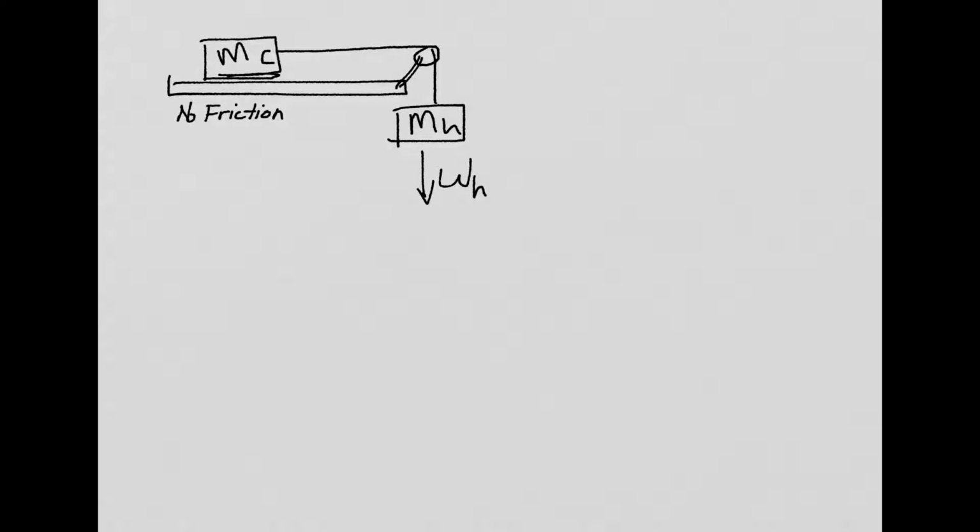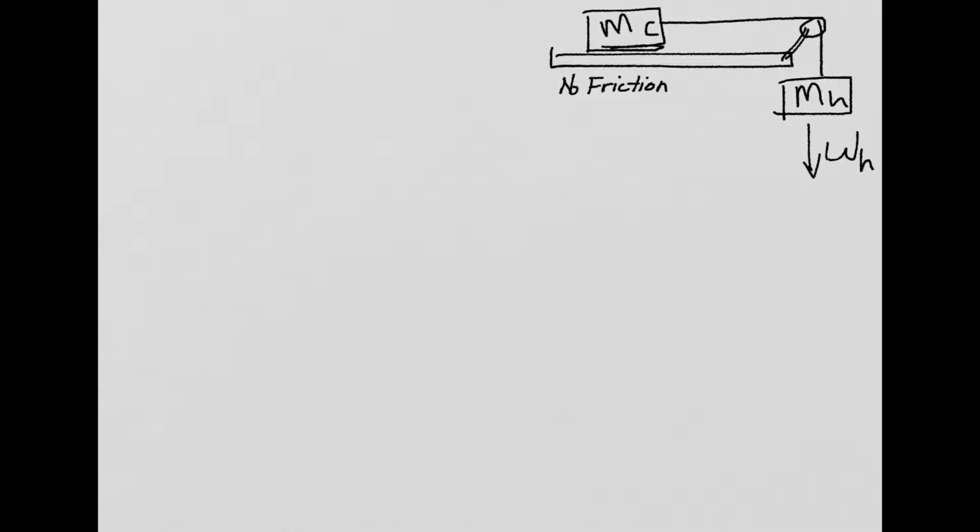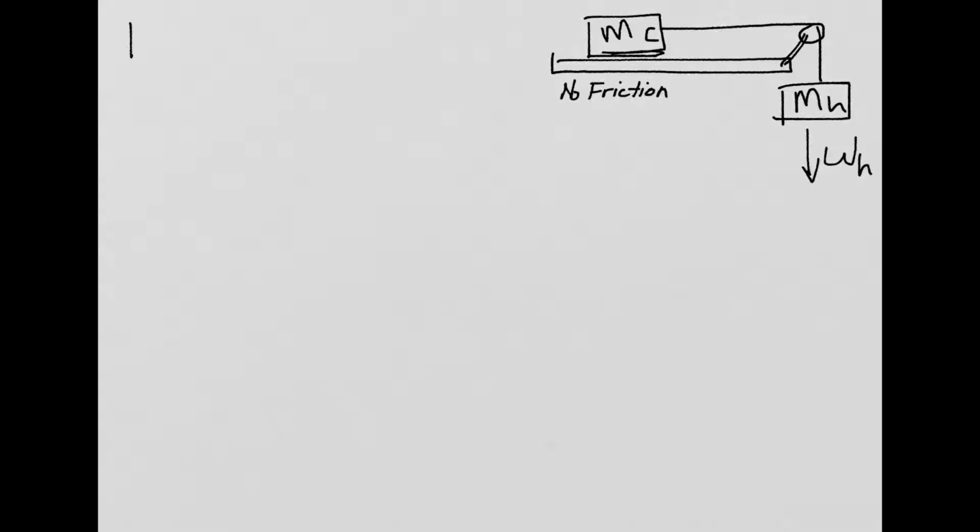The first vantage point is we'll call our system both the cart and the hanging mass. Okay, and so really, what is the force that acts on that system? Well, the force that's making this whole system go is just the weight of the hanging mass, which equals mhg. Okay, what does that force move?